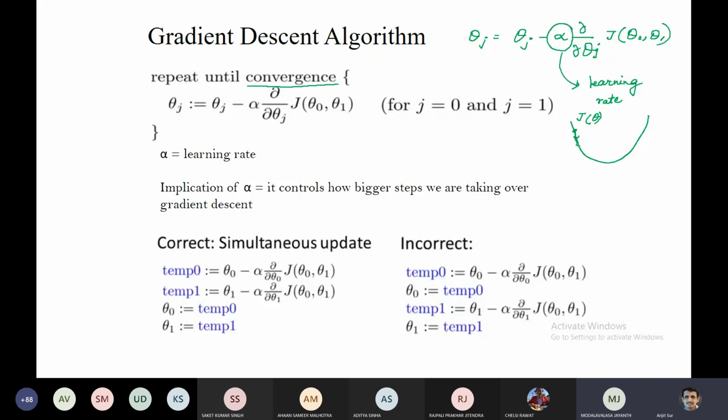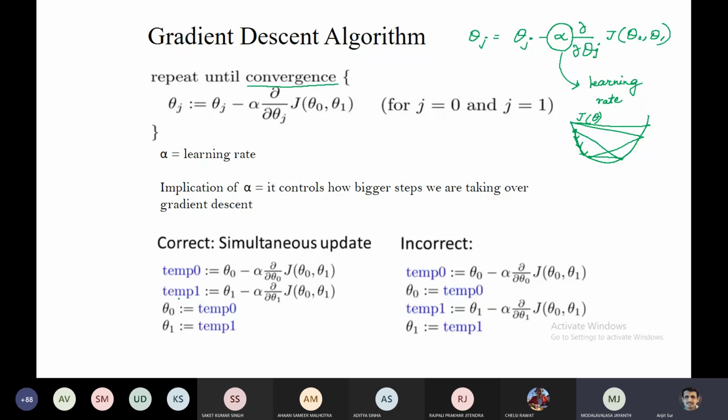If it is high, then maybe it goes straight from here to here, and then straight away to there. That kind of thing will happen if α is big. We will see this kind of graph later also. So it controls how big the steps are that we take over the gradient.